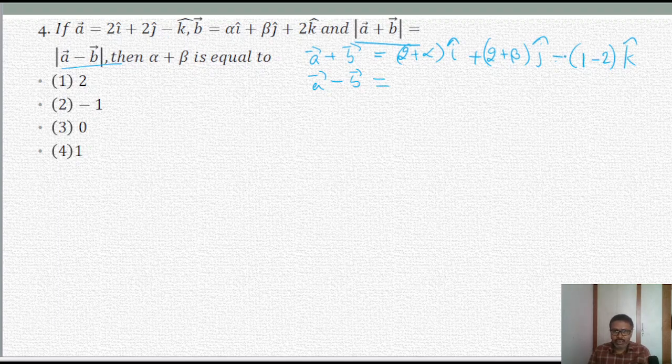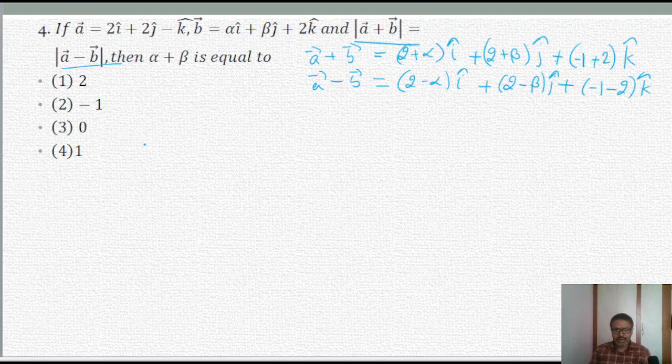Otherwise you can write plus here, you can make minus 1 plus 2, both cases are same. Now A minus B will give you 2 minus alpha i cap plus 2 minus beta j cap plus minus 1 minus 2 k cap. So we got two vectors which we require.